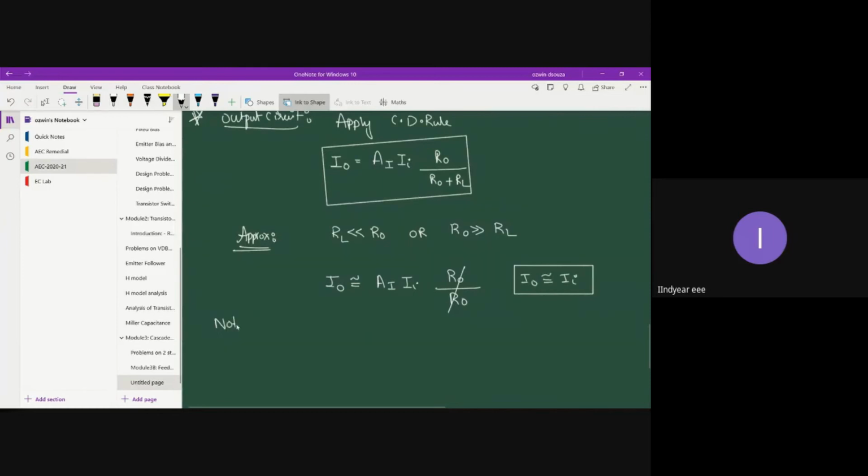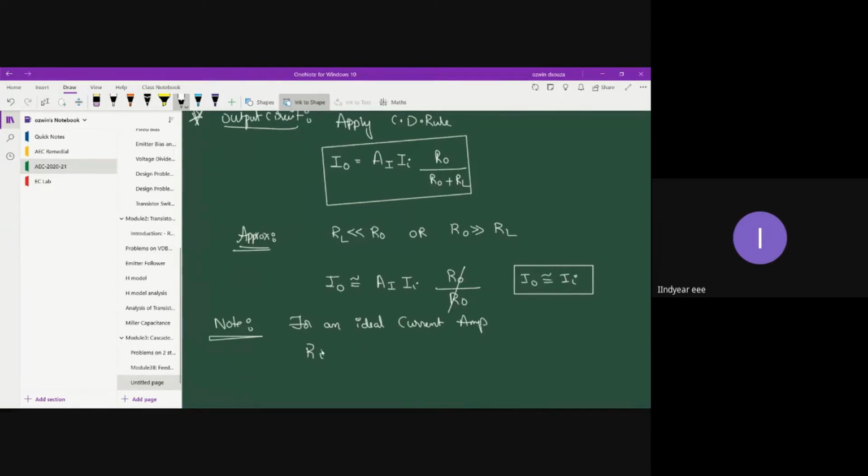So note: for an ideal current amplifier, Ri should be infinite. Sorry, not Ri, I'm so sorry.